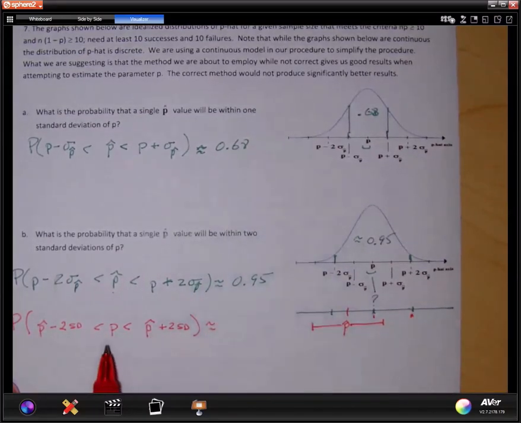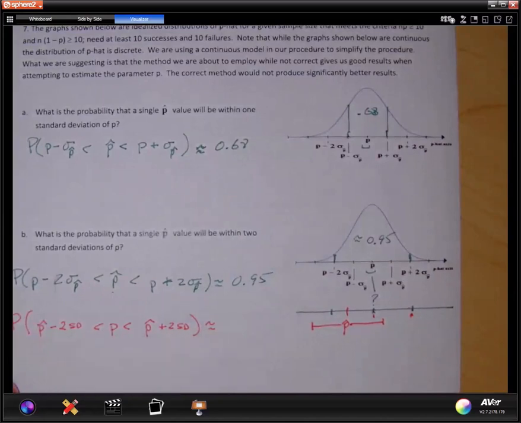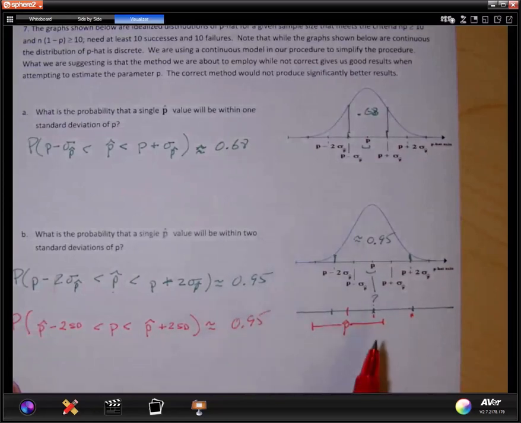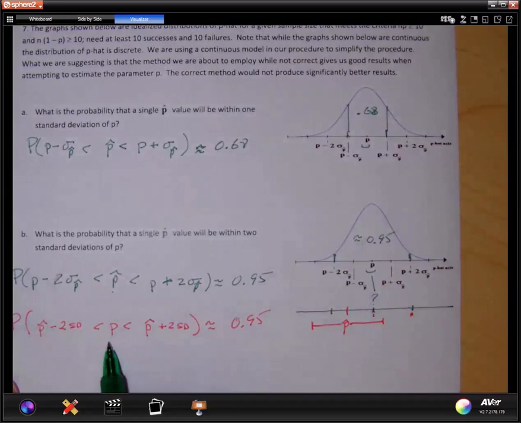But what's the chance then that p is inside this interval that I've created, this one right here? And the answer is 0.95. Because since this length is just about the same as that length, what is the only way that p is not inside this interval where this sits at its center?